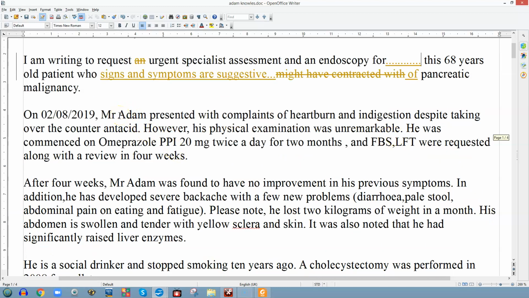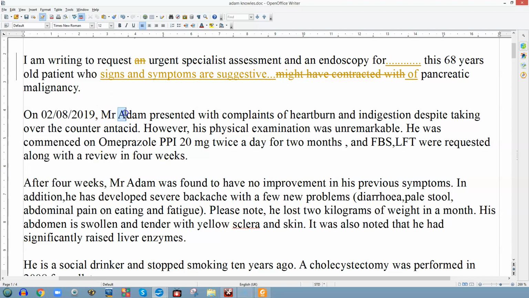Now, the other thing here, we don't do title and first name unless it's a child. So if it's a young child, you do Mr Adam. If it's a teenager, you can do it, maybe, but up to a certain age, you don't. It's always the title and family name.